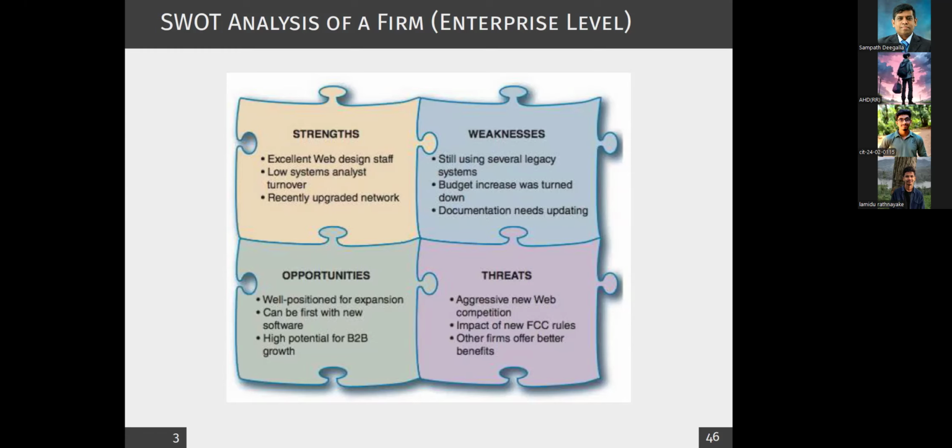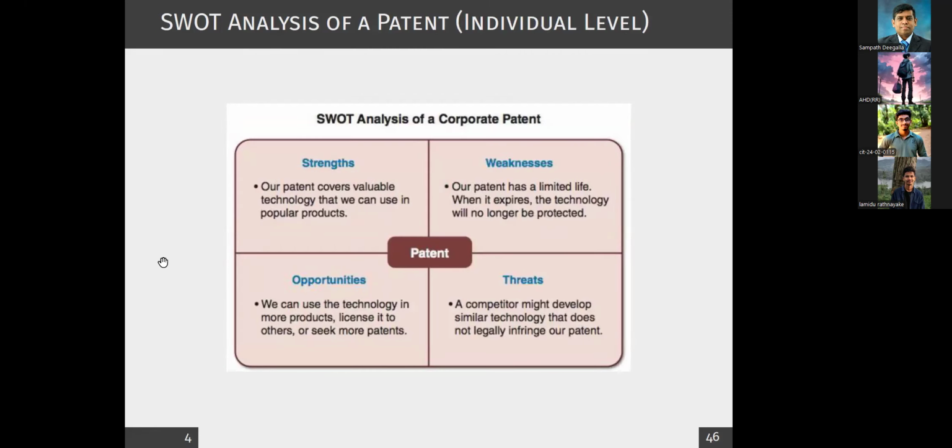So I told you this is enterprise level. Now, similarly, the same analysis can be done at a very small level, right? Ideally, when you develop some product for ownership, you can have a patent, right? So this example shows a corporate patent, which is an individual or project level.